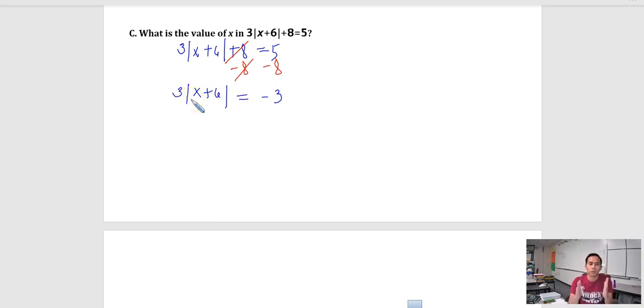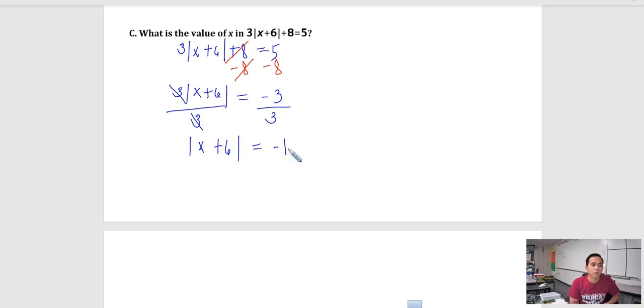Your 2 vertical lines here mean it's the absolute value. So I'm going to divide both sides by 3 so that you will cancel the 3 here. So you only have now the absolute value of x plus 6 is equal now to negative 1.